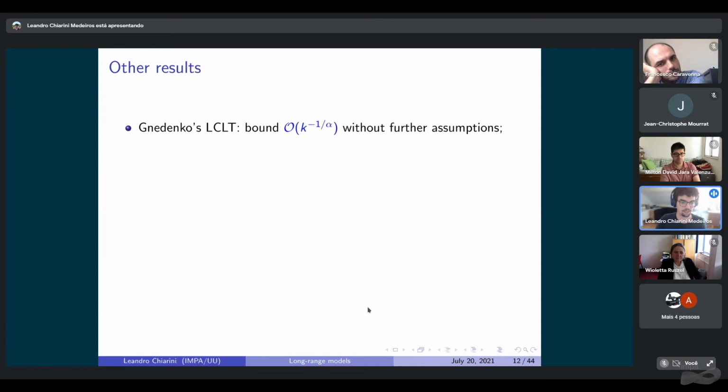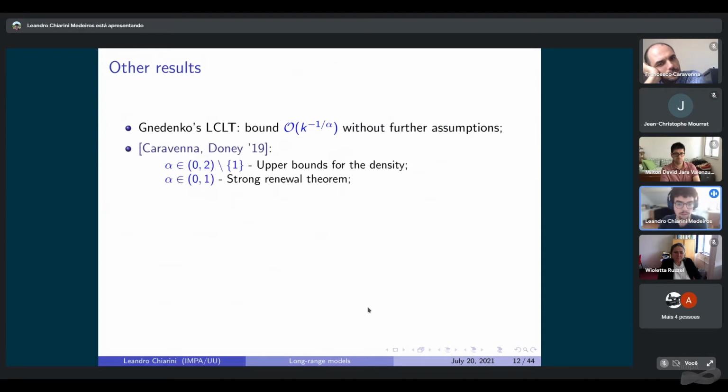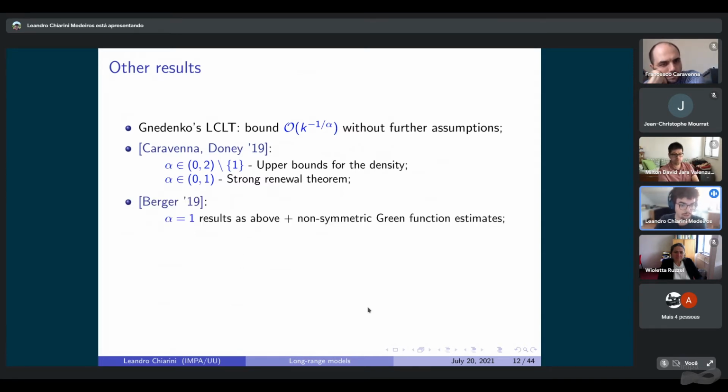They do this for the case alpha different than 1, and they also study properties of strong renewal here and there. They excluded the case alpha equals 1, but Berger also worked in the same year. He published results similar to the ones above, and also some for when the random walk is not symmetric, getting some estimates for the Green functions.